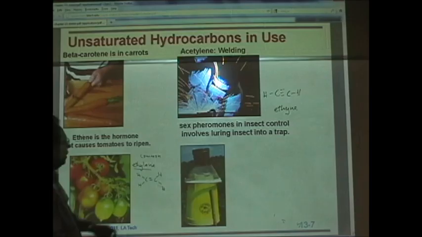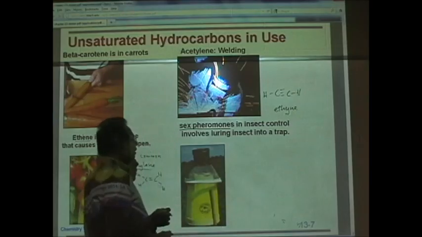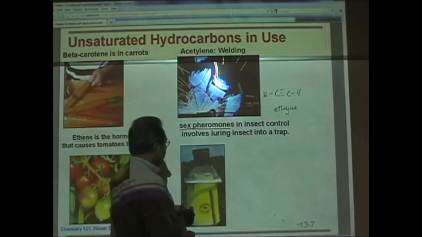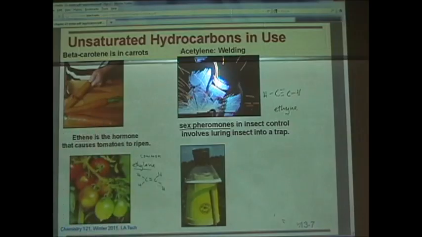All right. Now this one is another application of unsaturated compounds. What are pheromones? Sex pheromones. Smells produced by the body, that are gender specific, right?